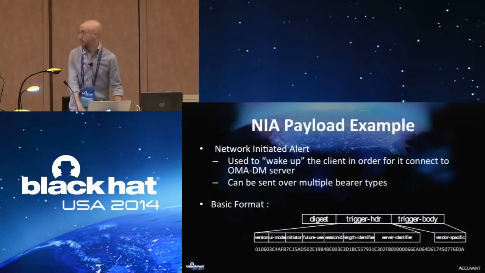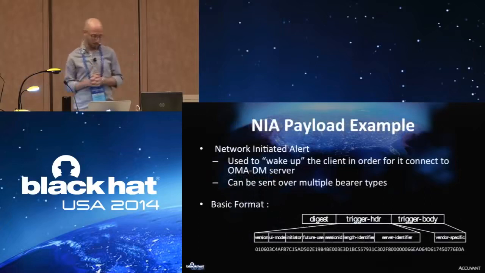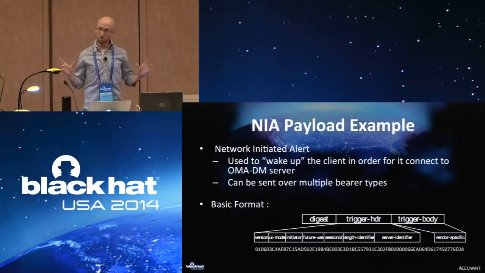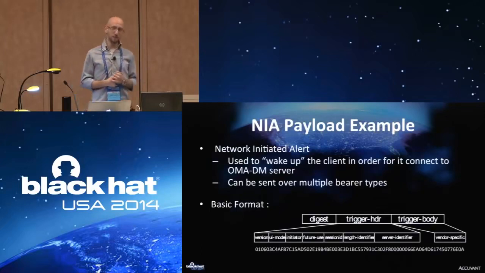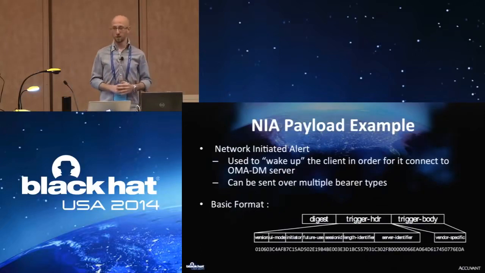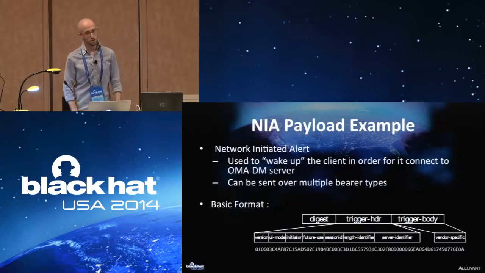So here is an example of what an NIA payload looks like. More or less, it's just broken up into different PDU chunks. You know, we have version, UI mode. UI mode is kind of interesting. In UI mode, that's where you define if you alert the user to its presence. There are 3 different configuration settings, and one is alert user, other is completely quiet.